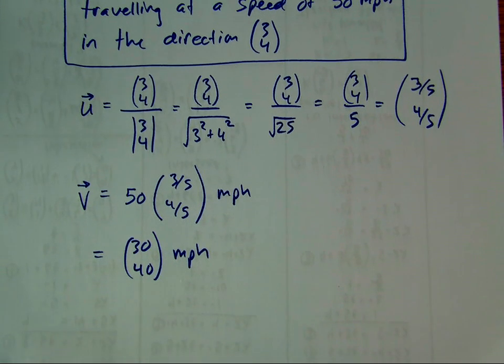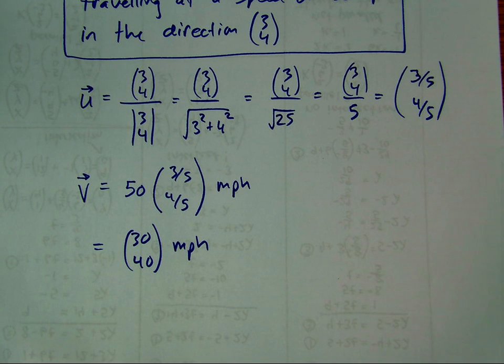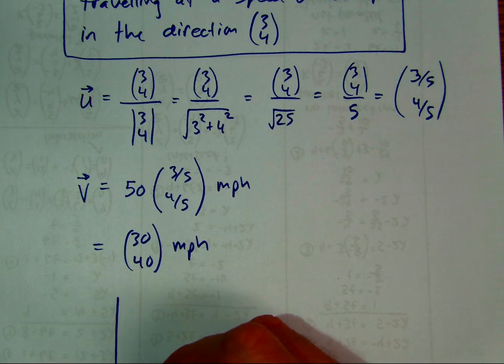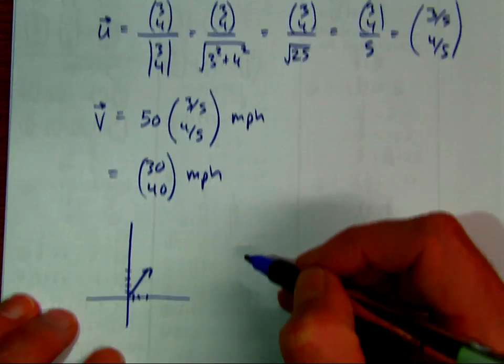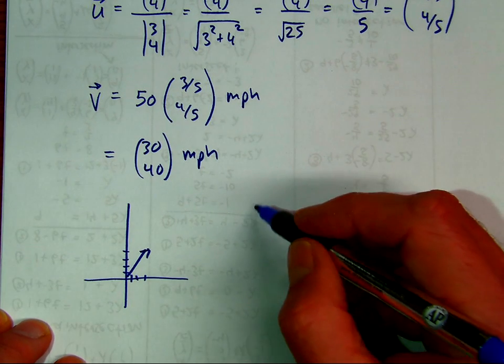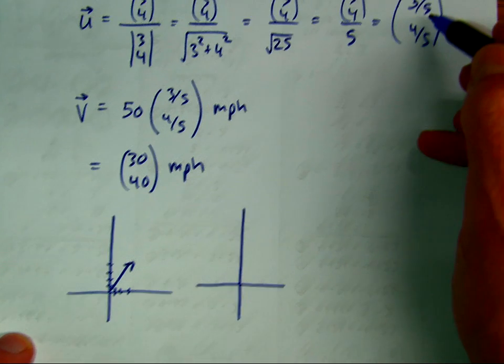And if we look at what's happening in a graph, we start with this vector. That's 3, 4. And then we shortened it to a length of 1, which was 3/5.